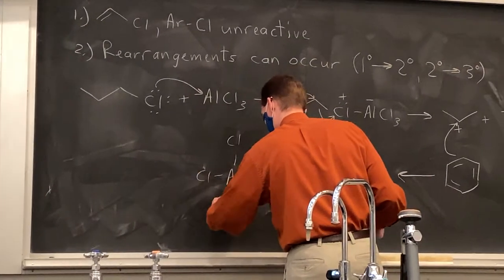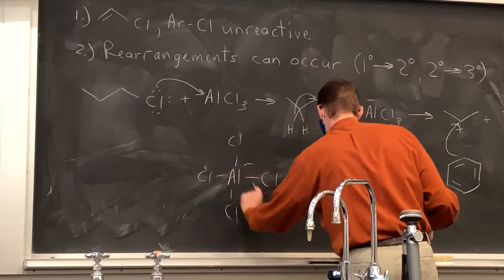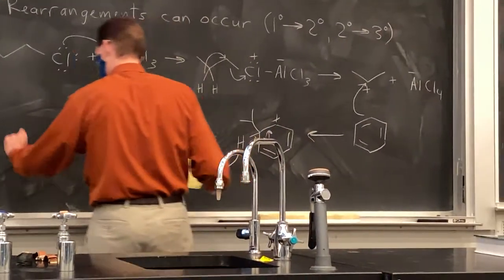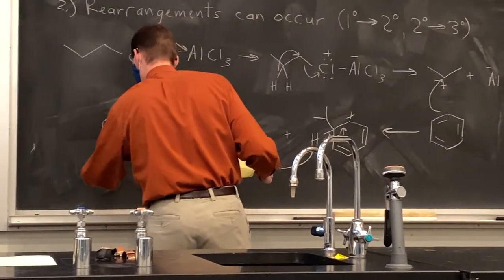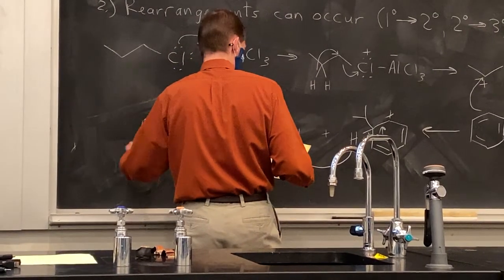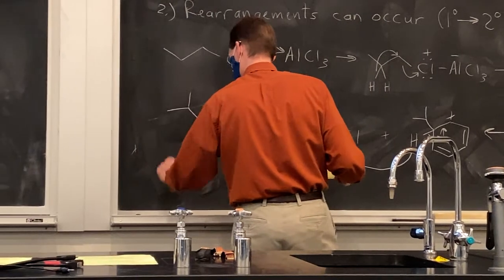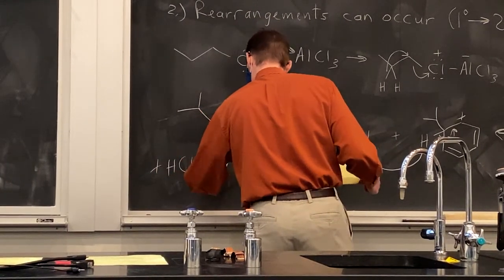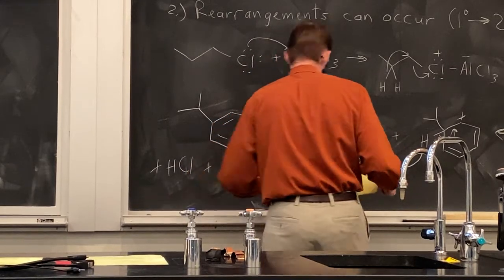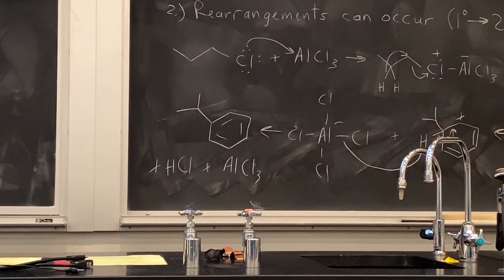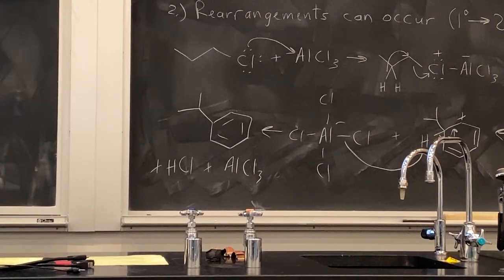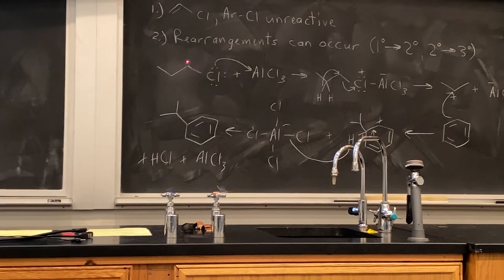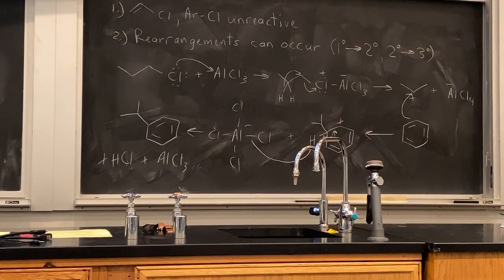And then our AlCl4 deprotonates, giving us our isopropyl benzene, our HCl, and regenerating our aluminum trichloride. Okay? So this can happen with any primary alkyl group that is propyl or longer.